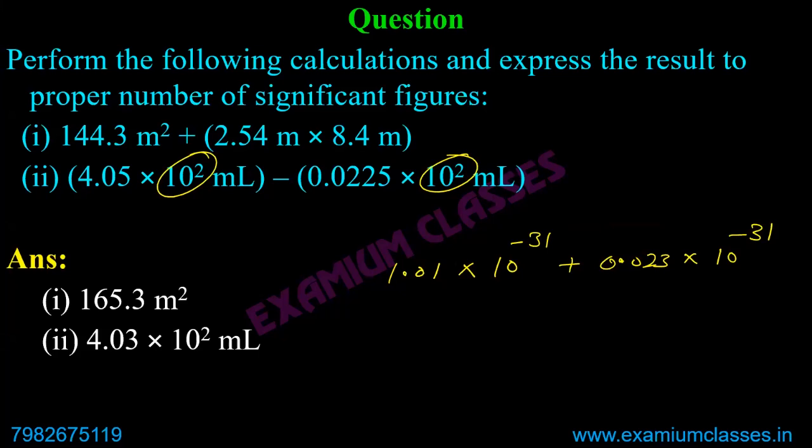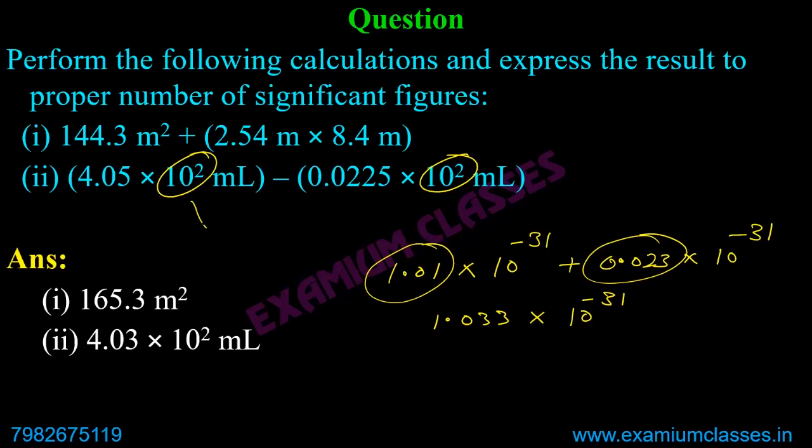You will just add these two, 1.033, and you will keep the exponent as it is. If it is in standard form, exponential form, you don't simplify the exponent part. That's what I'm saying. That's why preference is to this. 10 power 2 will remain as it is. It is the exponent part.